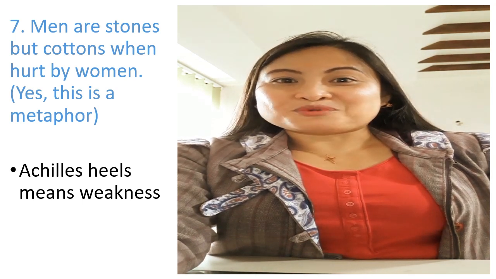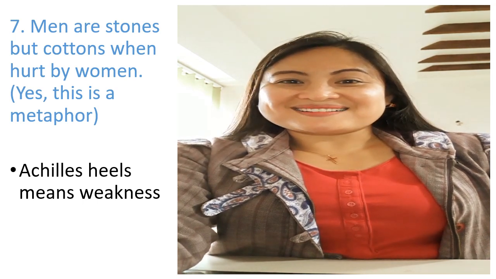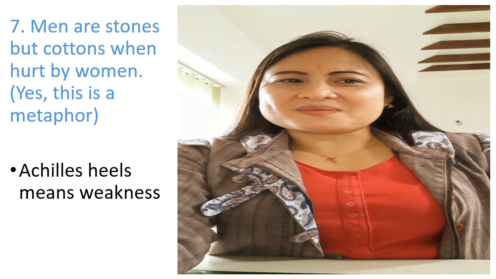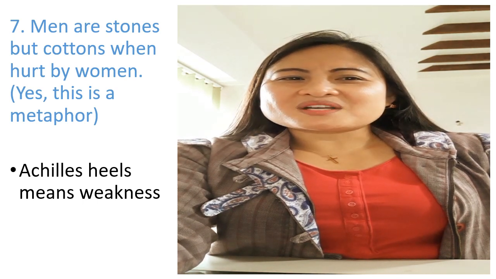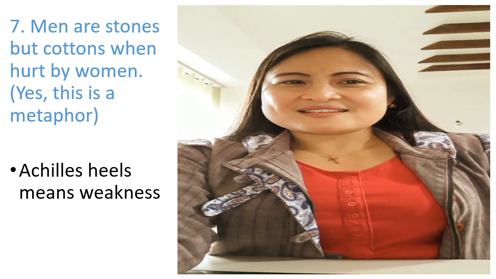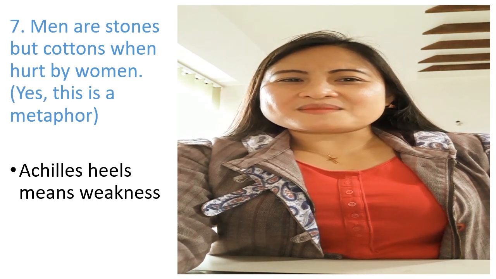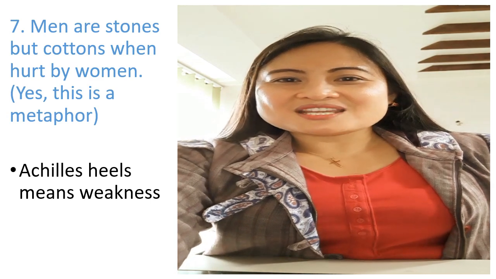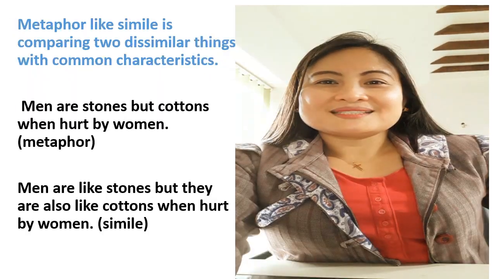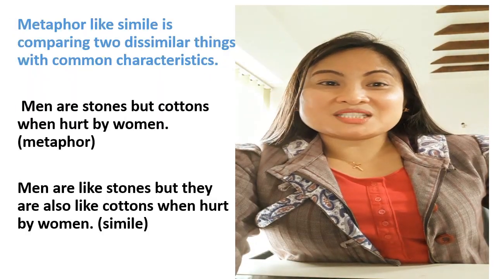Men have weaknesses as well. Like the story of Solomon in the Bible, he was so wise, but he became illogical just because of a woman named Sheba. This sentence is a metaphor.